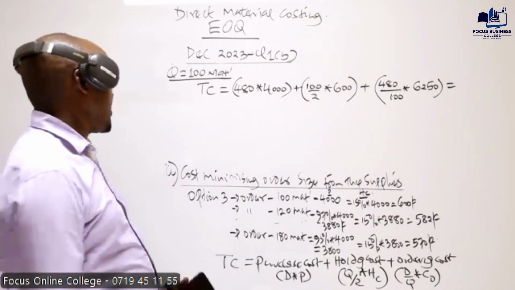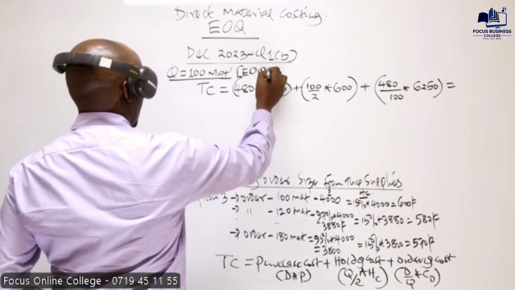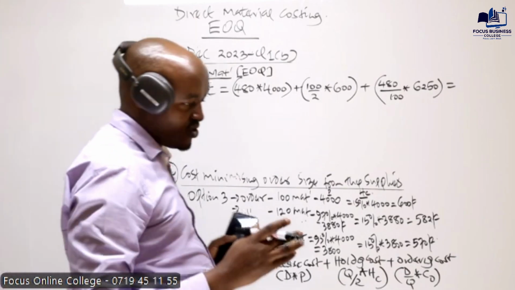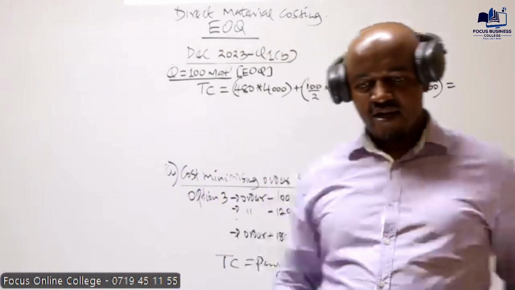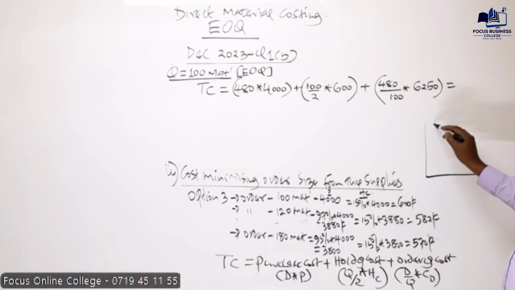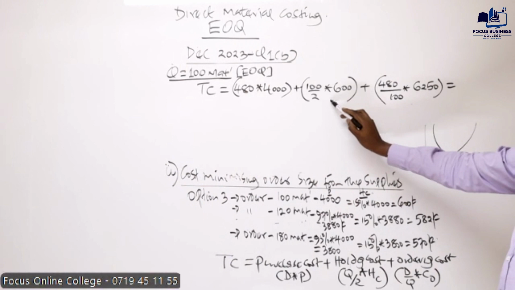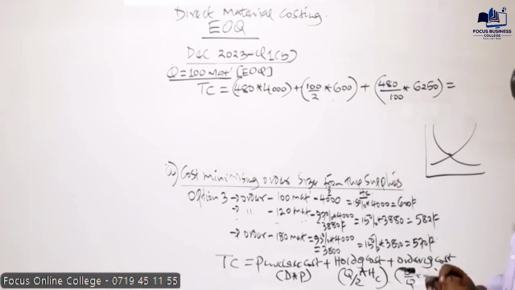But you also need to note that this 100 is our economic order quantity. I think I demonstrated this using a graph. At the economic order quantity, the holding cost and the ordering cost are the same.